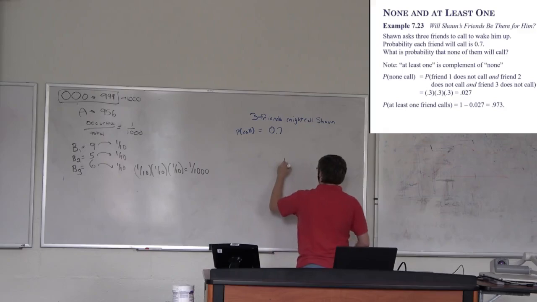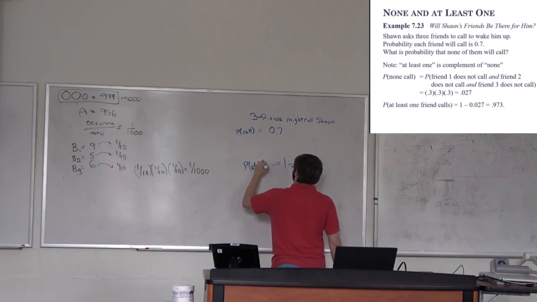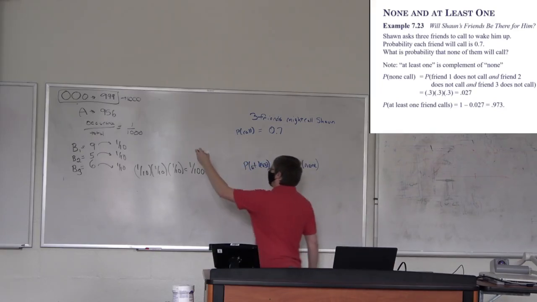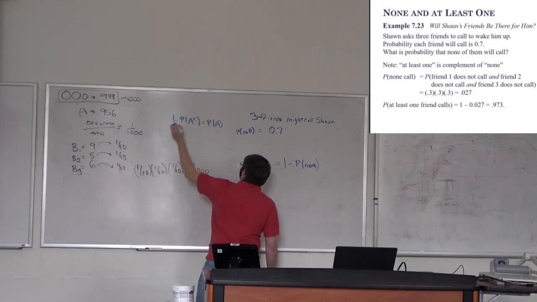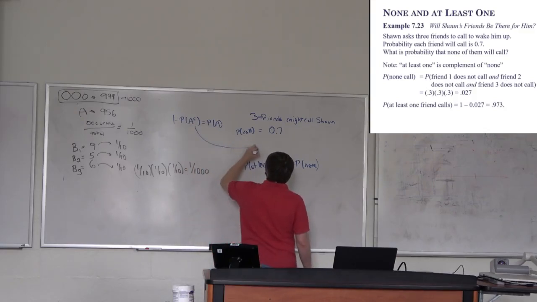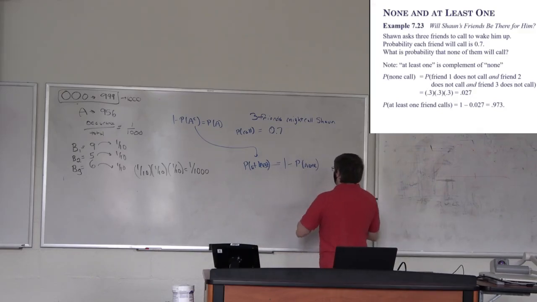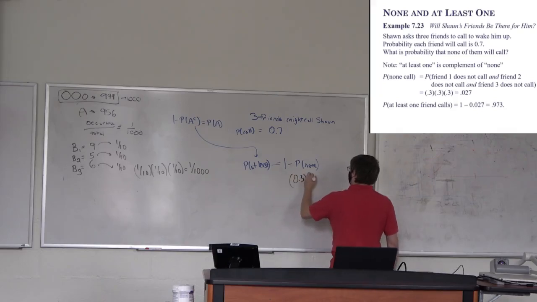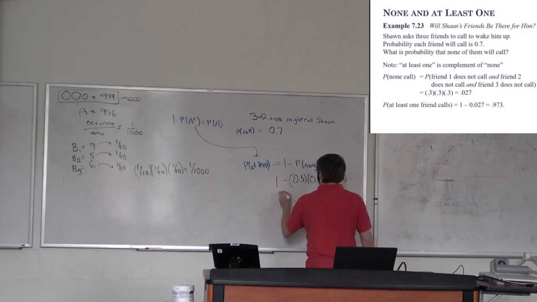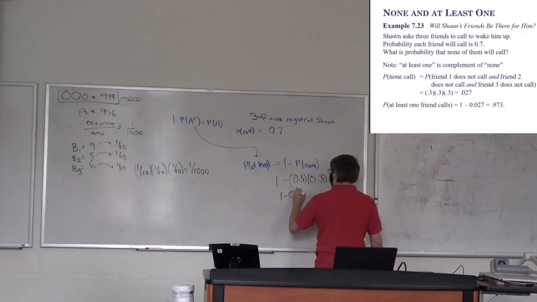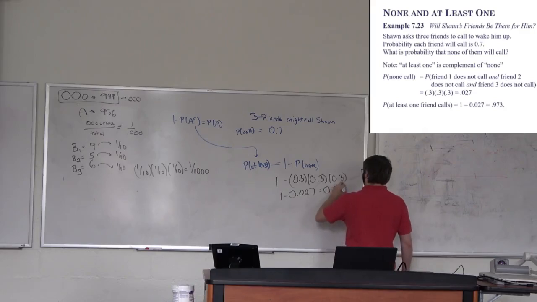Since we know from complements that 1 minus the probability of A complement equals the probability of A, we can use the same thing down here. The probability that none of them will call is friend 1 won't call, friend 2 won't call, and friend 3 won't call. So this is 0.3 to the third, which is 0.027, and you figure out 0.973.